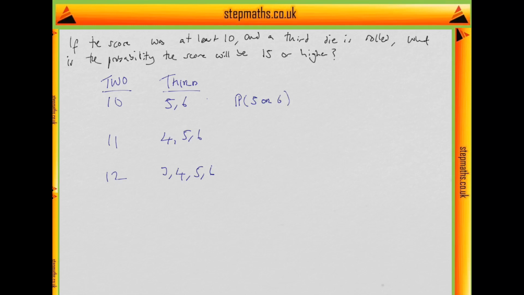Well, the probability of rolling a 5 is 1/6, and rolling a 6 is 1/6, so that's going to be 2/6. The probability of a 4 or a 5 or a 6 is 3 outcomes out of 6 possible outcomes, so that's 3/6. And for a 3 or 4 or 5 or 6, that's 4 outcomes out of a possible 6, so that's 4/6.